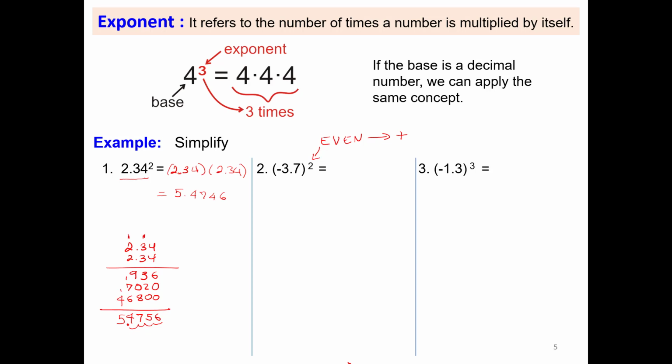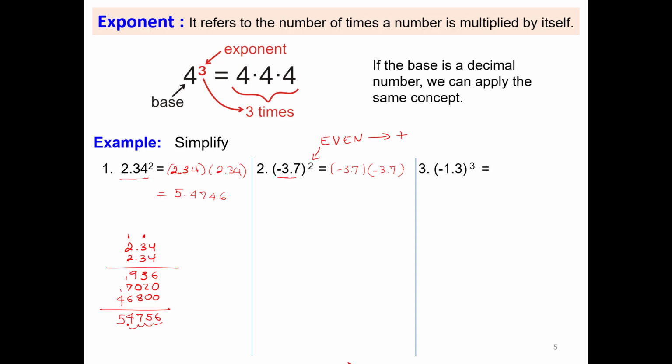And let's see. This is the same as negative 3.7 times negative 3.7, because the base is negative 3.7. This is the base. How many times do we need to multiply negative 3.7? Twice, because this is the exponent. Then negative 3.7 times negative 3.7.